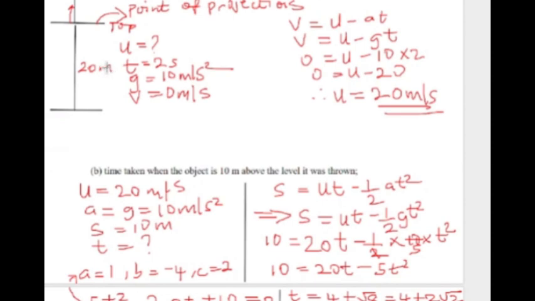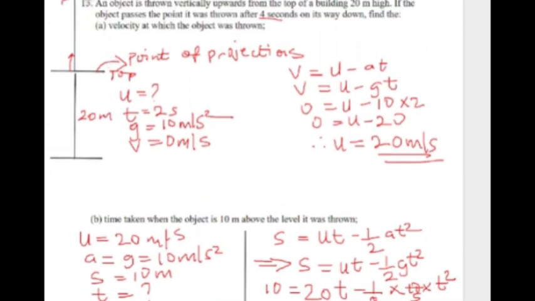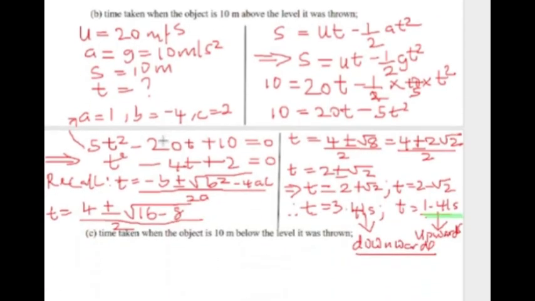Then we need to get the maximum height for this point of projection. So how do we get the maximum height? I'm going to use the relevant equation of motion. So let's go right into it.